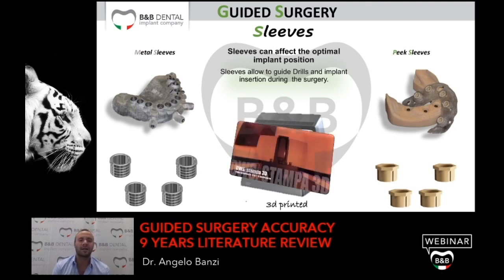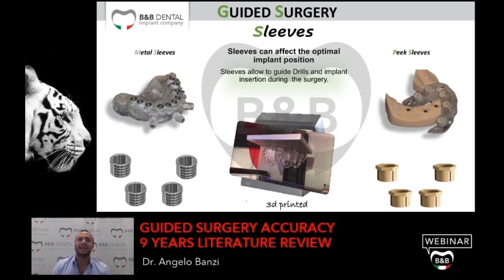PEEK sleeves are an amazing material, and they don't have such high friction when working with the drill inside the sleeves, and this allowed me to have final sleeves that are smaller and much more precise than the metal sleeves.